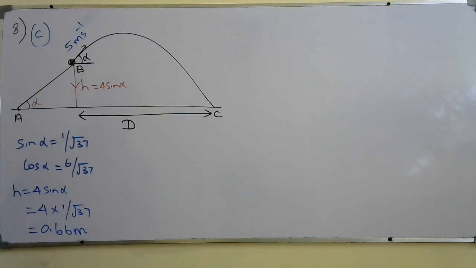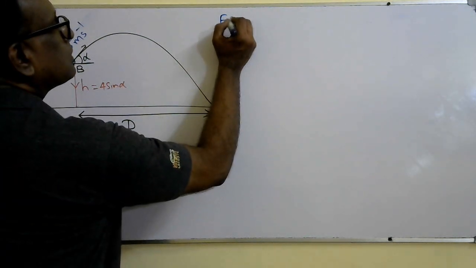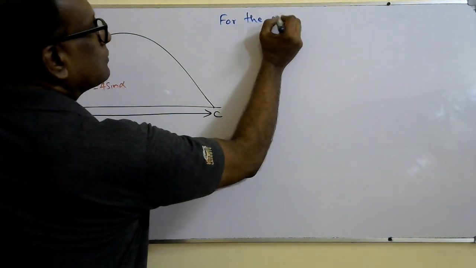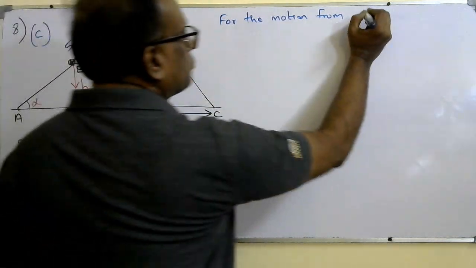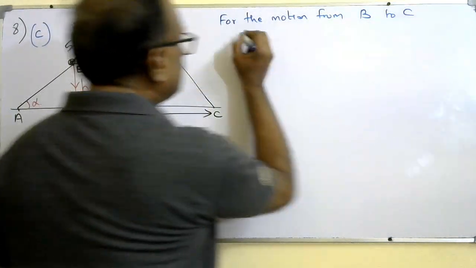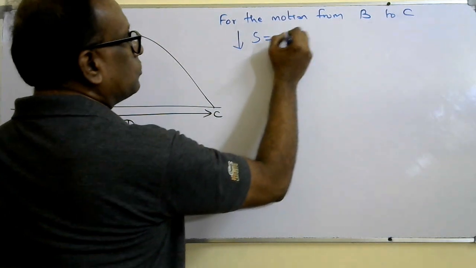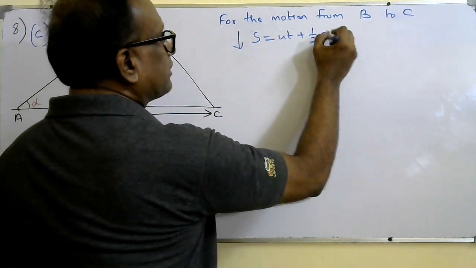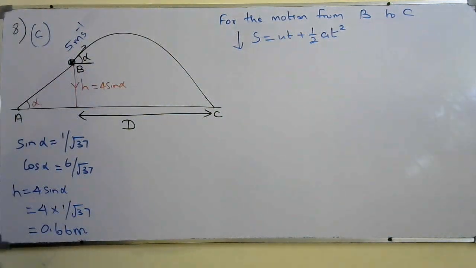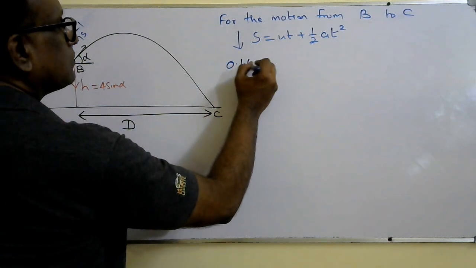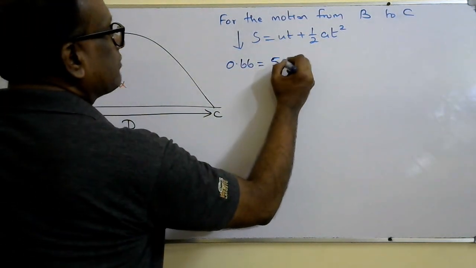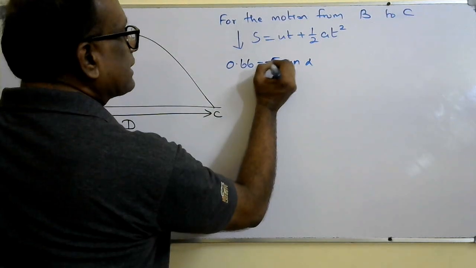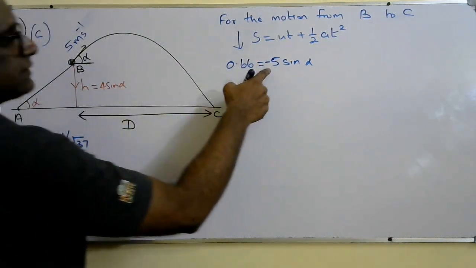Okay, for the motion from B to C, downwards, use s equals ut plus half at squared. s is 0.66, u is 5 sine alpha, which is minus, because I am using the downward direction but this is upward.